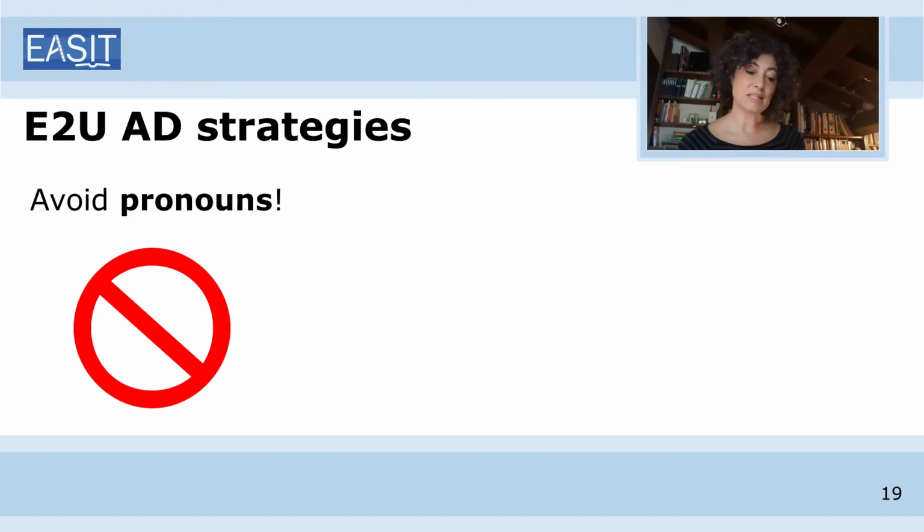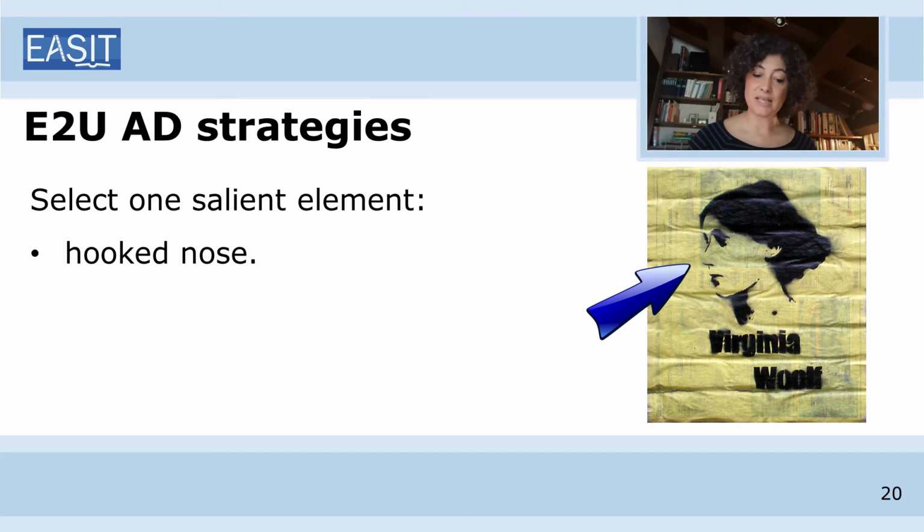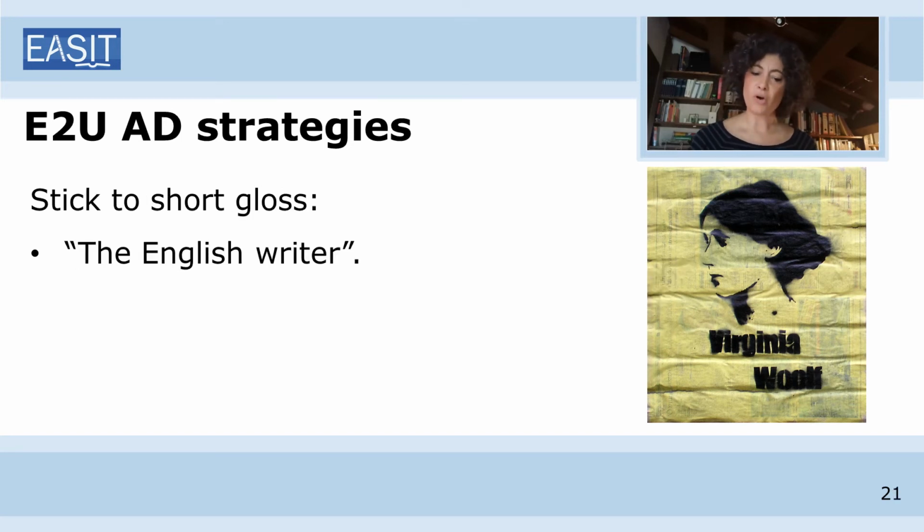So, in an easy to understand audio description, you might want to avoid referring to a character with a pronoun. You might need to select just one salient descriptive element to associate with the character, the hooked nose, for example, in the case of Virginia Woolf. Or even stick to a short gloss, the English writer, avoiding the name, if at all possible.